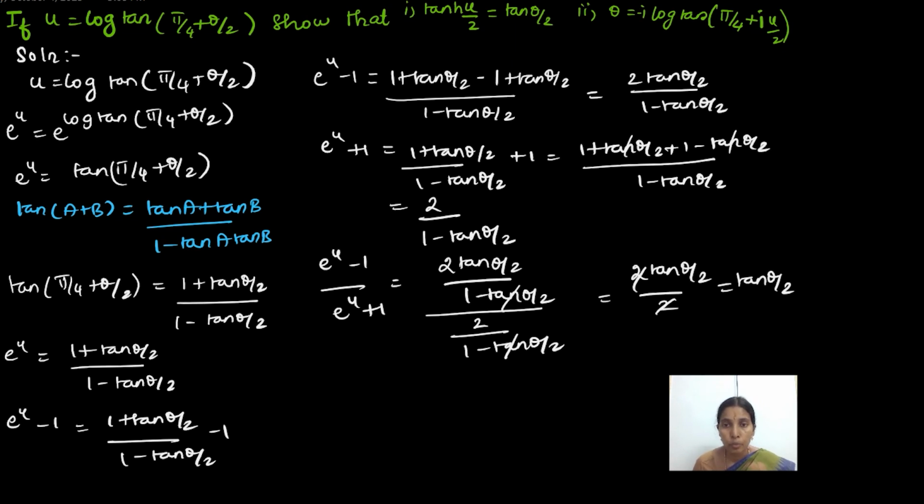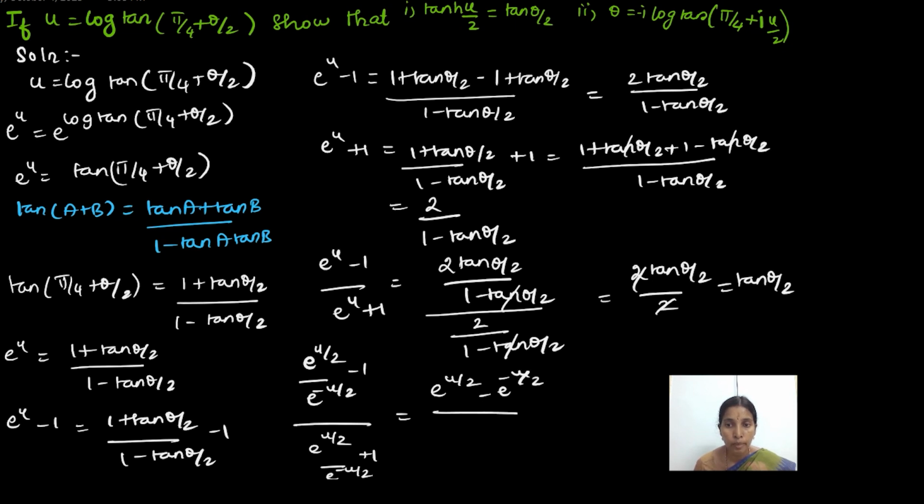This e power u minus 1 over e power u plus 1 can be written as (e power u by 2 by e power minus u by 2 minus 1) divided by (e power u by 2 by e power minus u by 2 plus 1). This is nothing but (e power u by 2 minus e power minus u by 2) divided by (e power u by 2 plus e power minus u by 2).